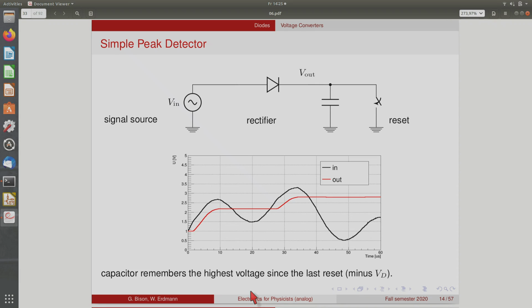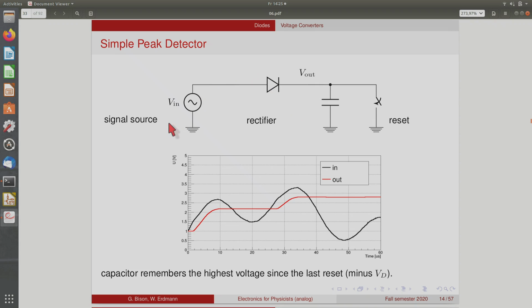Another application of diodes is a so-called peak detector. A peak detector is a circuit that takes an input voltage that varies over time and can then memorize the maximum value that you've ever seen. So if you have any waveform at this point, some signal that varies somehow over time, and you send it through a diode into a capacitor, then whenever this part is higher than what is stored on the capacitor, there's a current flowing and the capacitor will be pulled up.